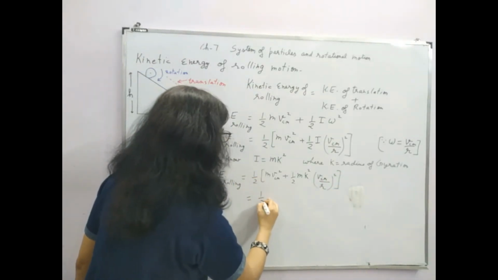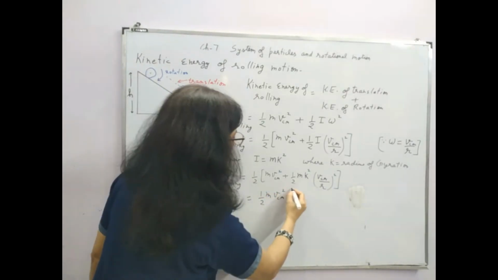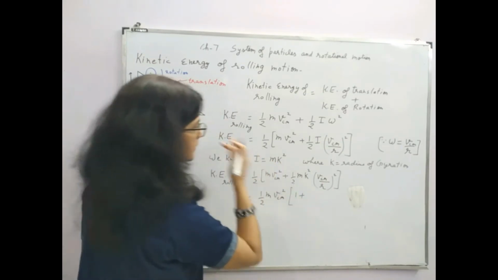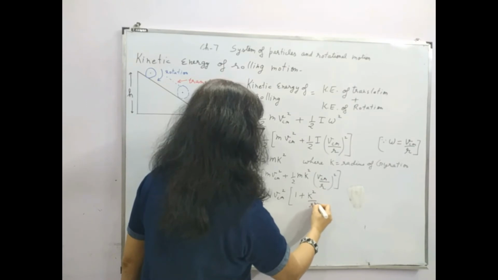I can take half mVcm square common. So this will be 1 plus k square upon r square.